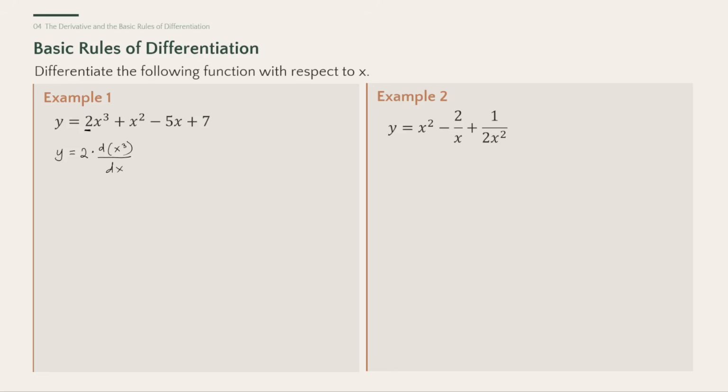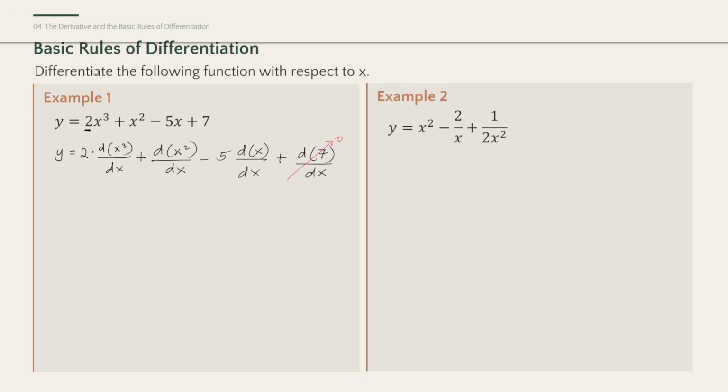Okay, so let's continue. Then, separately, we can differentiate x squared with respect to x. And then the 5 here is a constant, times the derivative of x over dx. And the derivative of 7, that is a constant. This is 0 actually. Derivative of a constant is 0.